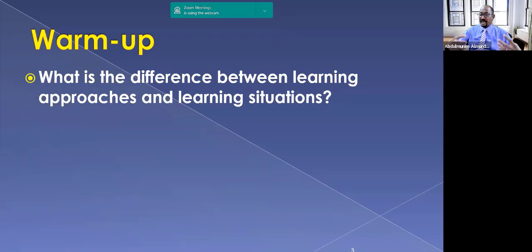It's a learning strategy of the curriculum. While learning situations are the situations identified by the curriculum as learning opportunities or learning activities, they call them learning activities, they call them learning opportunities, they call them learning situations.